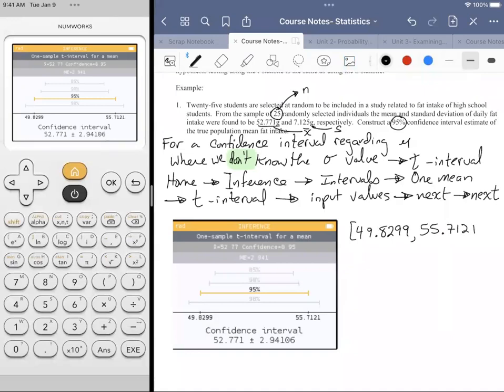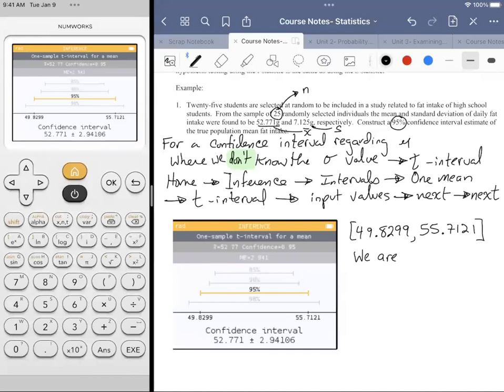All right, so this would be our confidence interval. Now, again, we're going to structure our conclusion the same way. We are 95% confident, but it's a question of what we are 95% confident about.